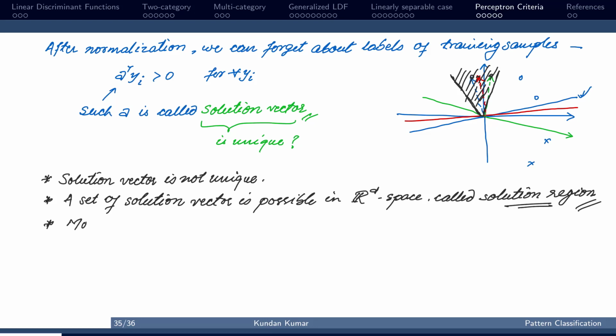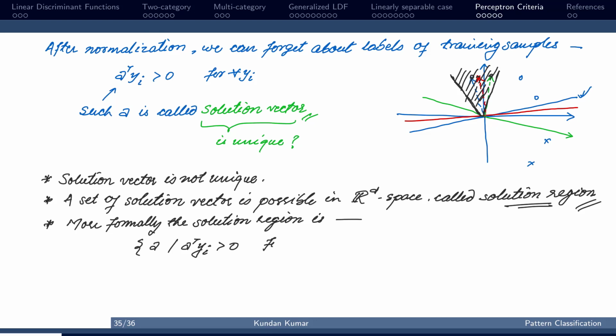More formally, solution region is defined as a set of all weight vectors which will satisfy a transpose yi greater than 0 for all i from 1 to n.